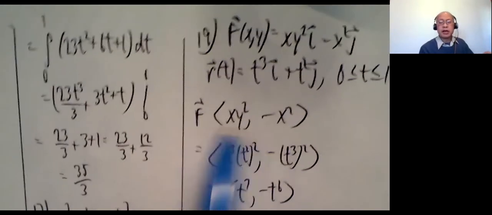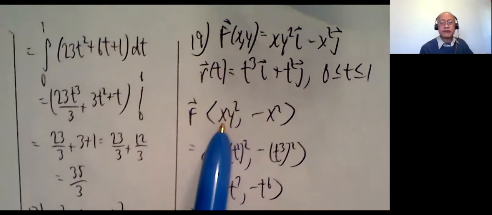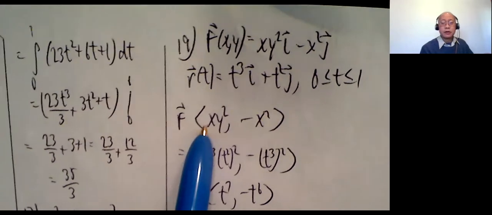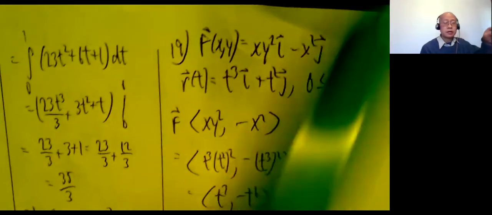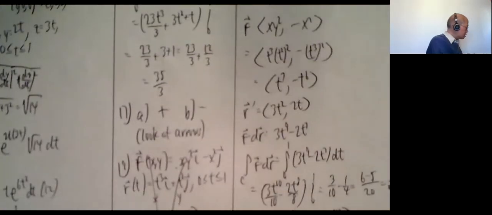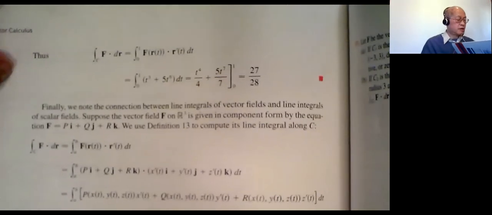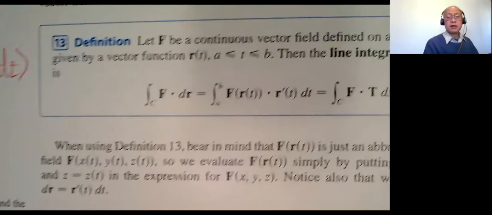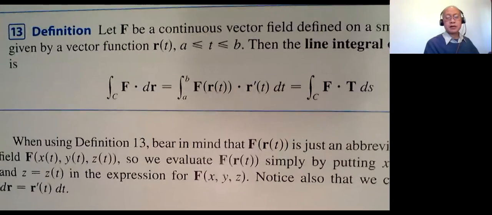All right, I plug in. So everywhere I see x, change it to t cubed. Everywhere I see y, change it to t squared. That's essentially what this means. Previous page. See where it says F of r of t?